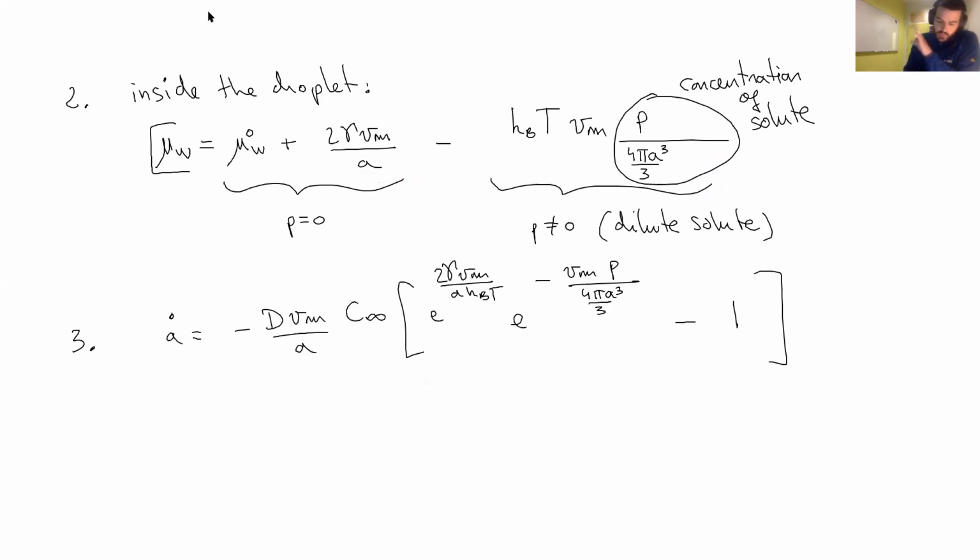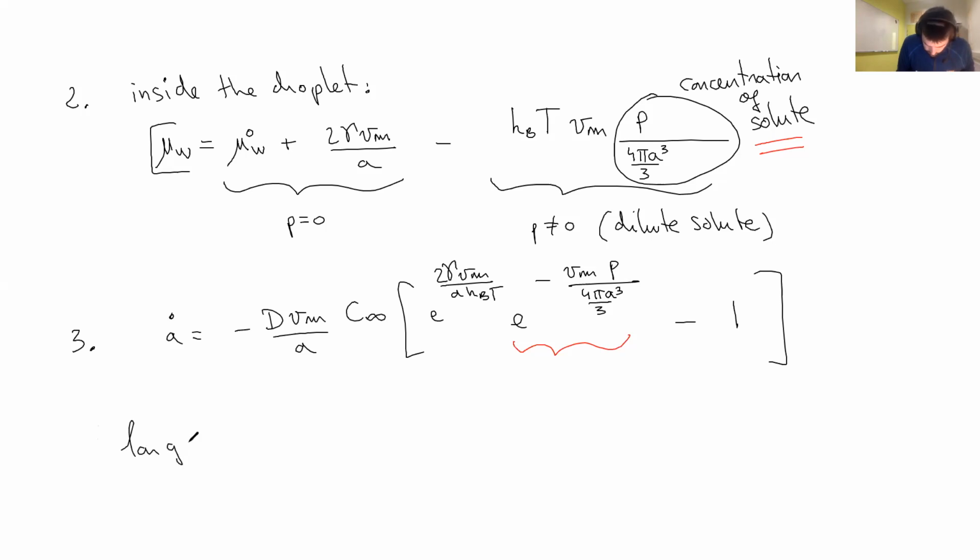So from what we did, it's exactly what we did so far by calculating the diffusion profile, the concentration profile and then the flux, except that now we have shifted the chemical potential of the droplet by this solute term that is additional, that is new. But again, in the high temperature limit or in the large size limit, we can simplify it.